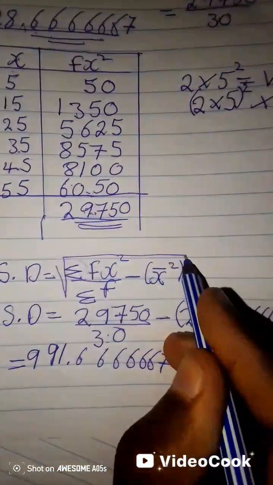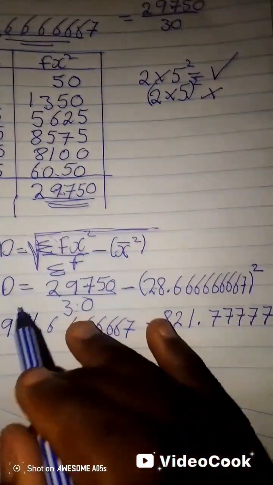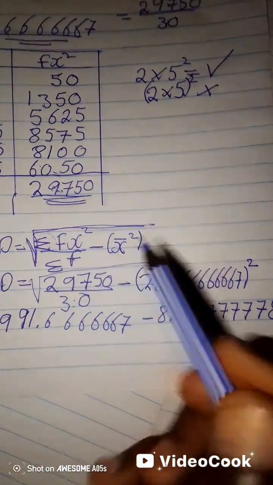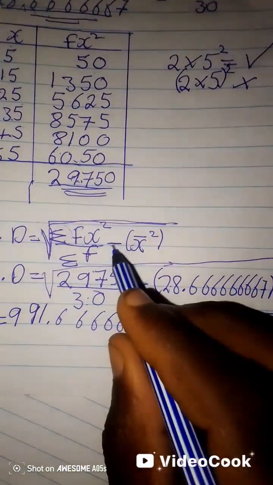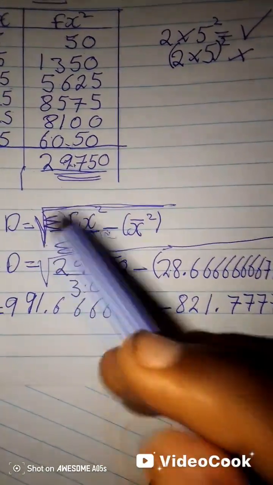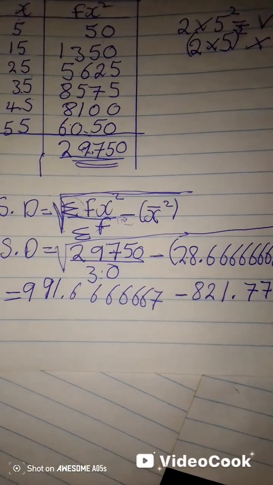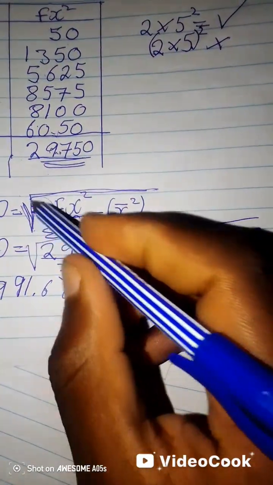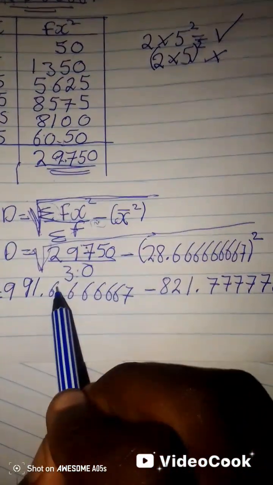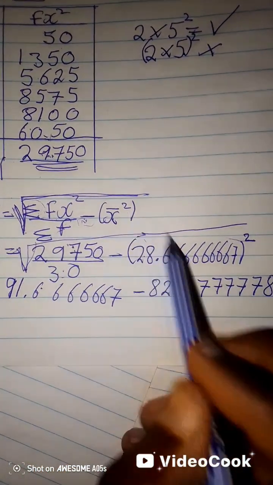So it has a square root. The formula has a square root, so do not memorize the formula. The formulas are given on the first page of the paper, so do not memorize the formula. After you divide this, you get this one, then you square this one.